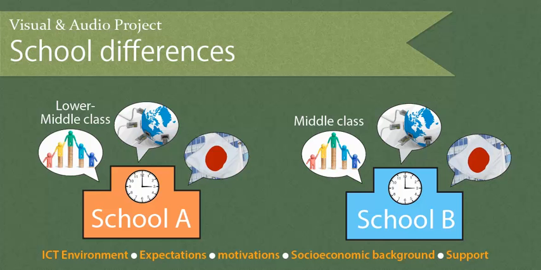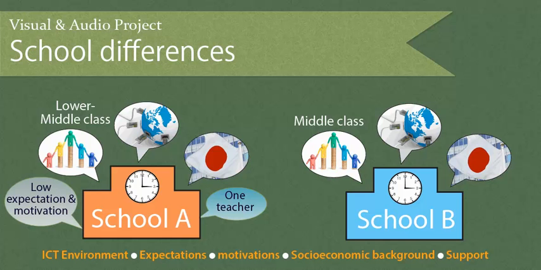If we look at the learning support environment, School A has only one teacher for the Japanese subject, and the teacher's expectation for students is not that high. As a result, students' learning motivation is not high. In School B, teachers' expectations and students' motivations are high.